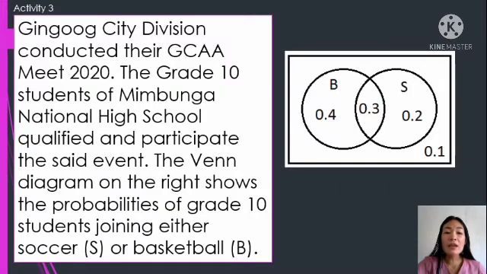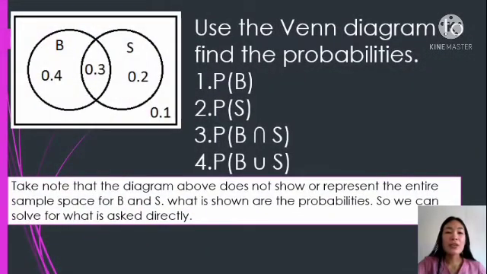The Venn diagram on the right shows the probability of grade 10 students joining either soccer or basketball. Okay, so this is the Venn diagram. We are going to use this Venn diagram to answer the given questions on the right.